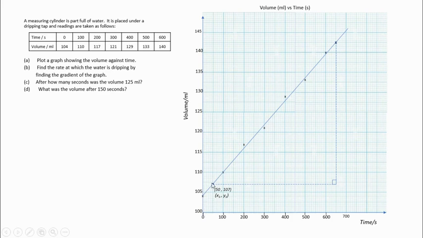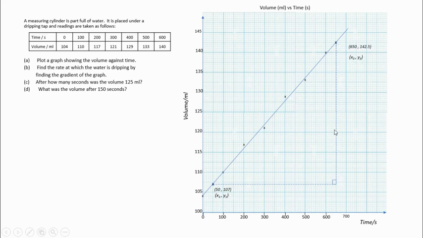The Y coordinate is 107. We write X coordinate before Y coordinate. So it's X1, Y1. The ones just mean that this is the first point that I'm using. Similarly, for the second point here, X2, Y2.